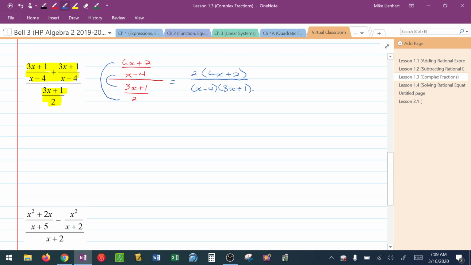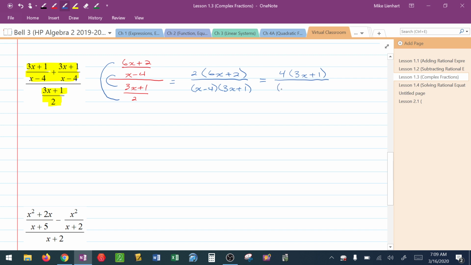Now, I could multiply things in and then simplify, but one thing that I recognize is in the numerator, I have a GCF of 2. I'm going to pull the 2 out of the numerator and put it together with the 2 that's already out there, leaving me with 4 times 3x plus 1. Did a little GCF factoring there.